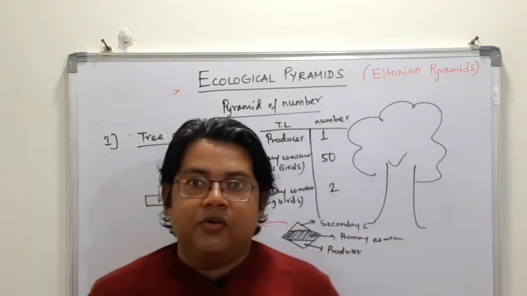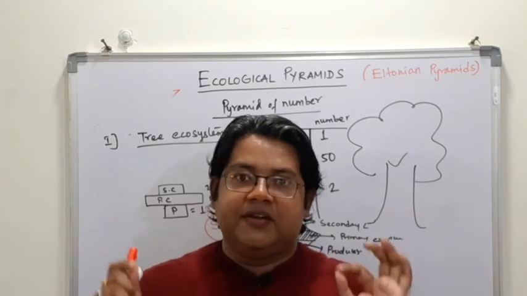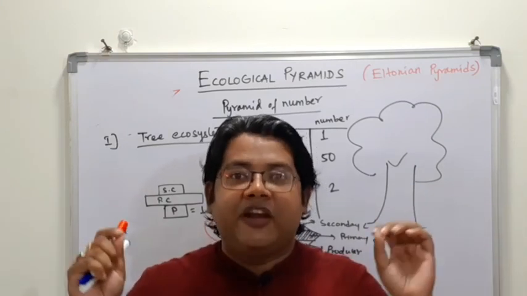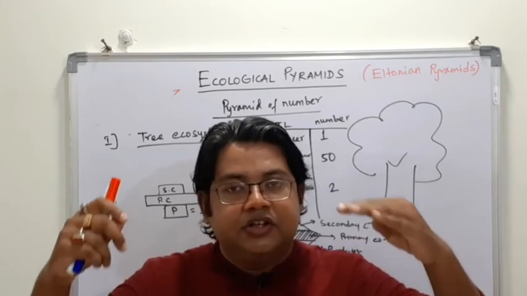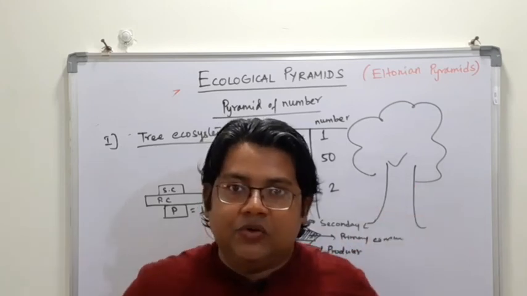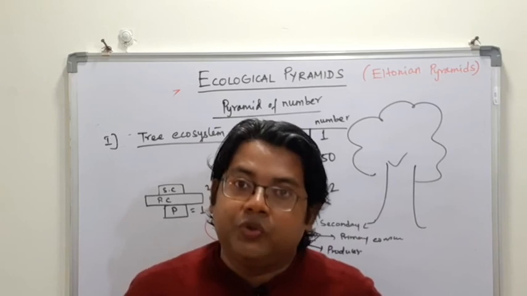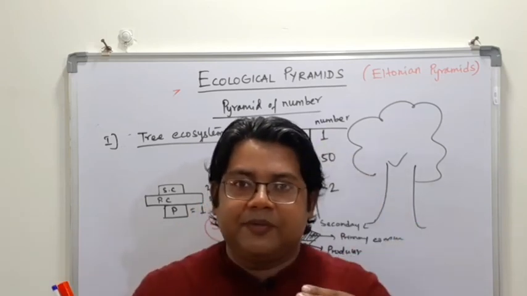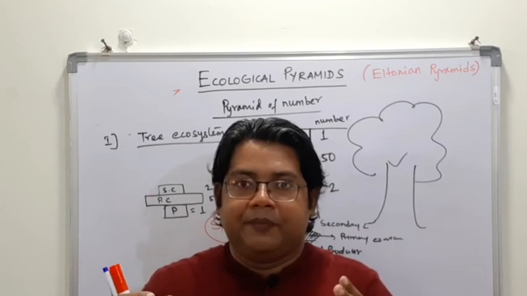We are talking about only the numbers of the organisms, the number of individuals at each trophic level in a given ecosystem. And what we are doing is a graphical representation, in the form of a pyramid shape.